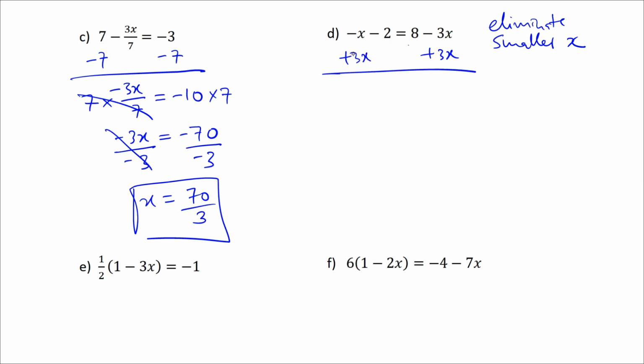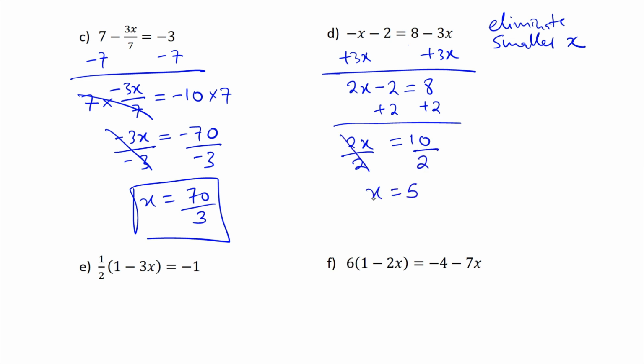What we'll end up with here is negative x plus 3x, that will be 2x, minus 2 equal to 8. So you end up with a simple linear equation that can just be solved by inverse processes. So add 2 on both sides. You'll end up with 2x equal to 10. And then you divide by 2, x is equal to 5.